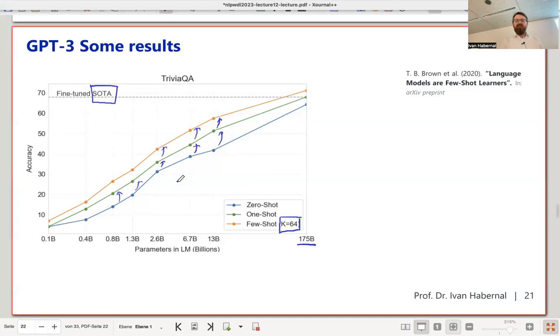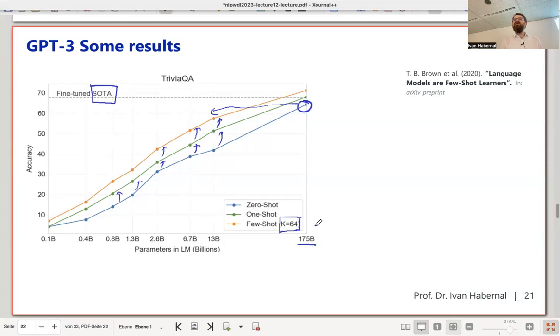What is interesting is the bigger the model gets, the better it works with just one shot or zero shot. The largest model's zero shot performance is actually better than the smaller model's performance with few shot or one shot learning. You make your model bigger, and you don't need any training at all.